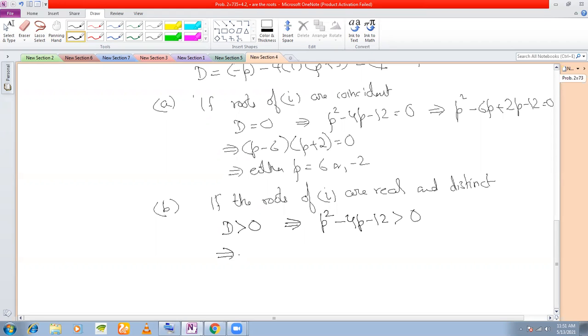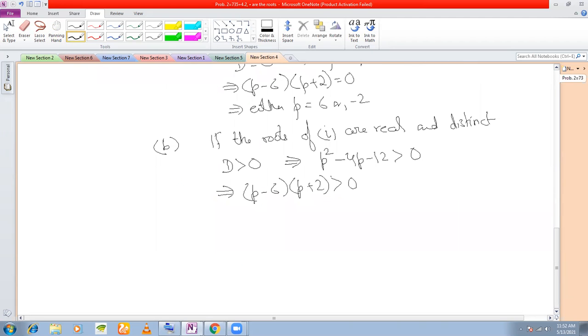Now we factorize this as p minus 6 into p plus 2 greater than 0. Recall what I told you in class 10. You have a product of two factors that are greater than 0, right? That means p is, this is a small rule that I mentioned to you in class 10. Okay, now you can understand it in this manner also.